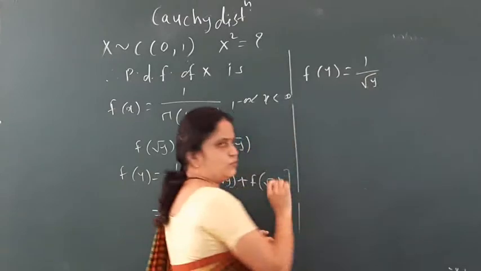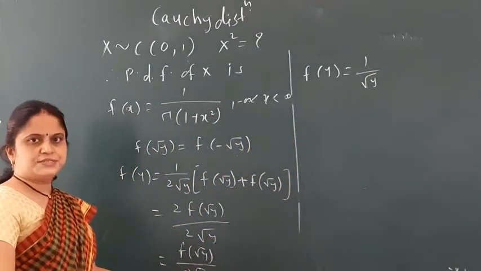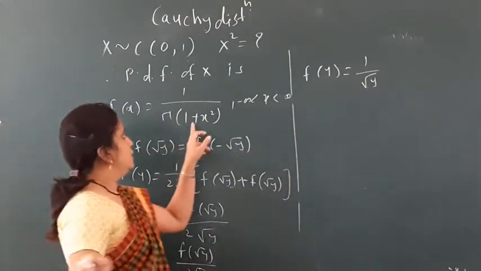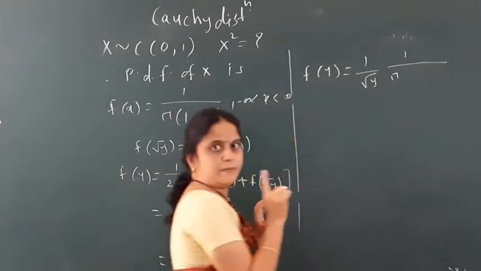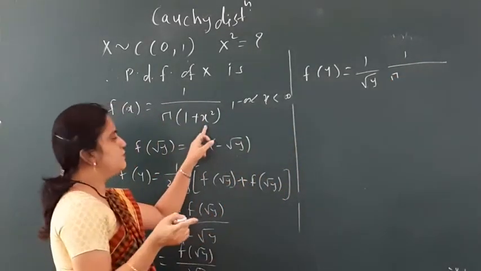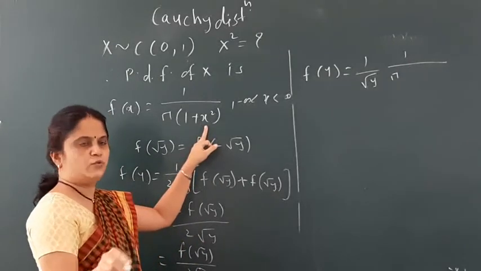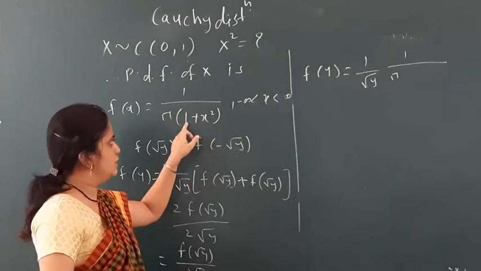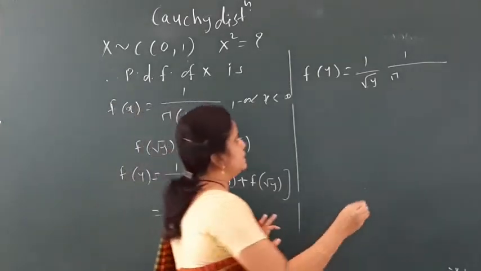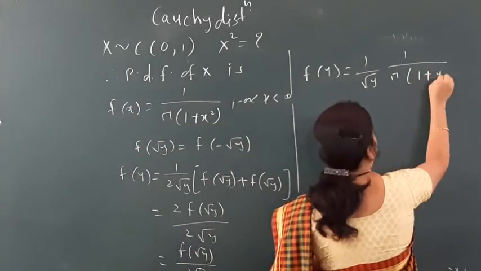So 1 divided by root y is the denominator, which is as it is. Now for f of root y, over here I can replace the value as c, 1 divided by pi as it is, 1 plus, only the value of x is replaced as root y. So root y square, that means it is y. So 1 plus y. Simply I get this as 1 plus y.